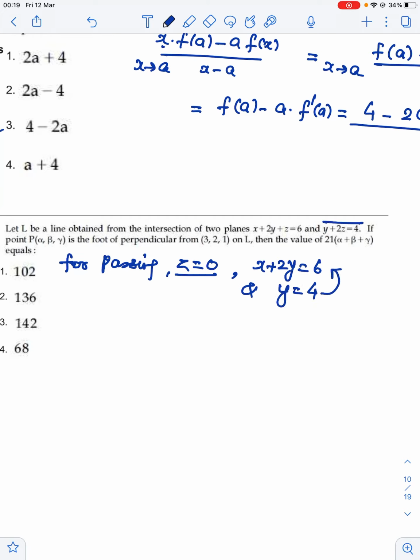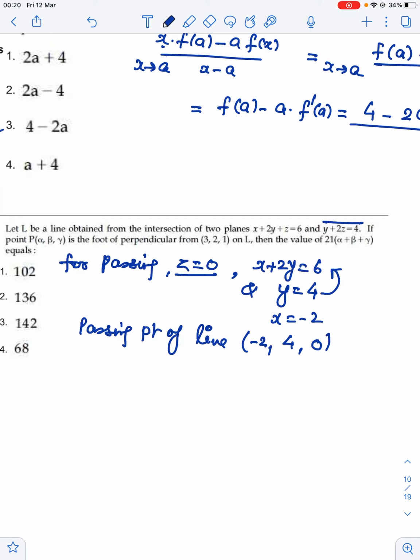If I substitute y equal to 4 in the first, it will give us x equal to minus 2. So we have the passing point of the line, which is (minus 2, 4, 0).